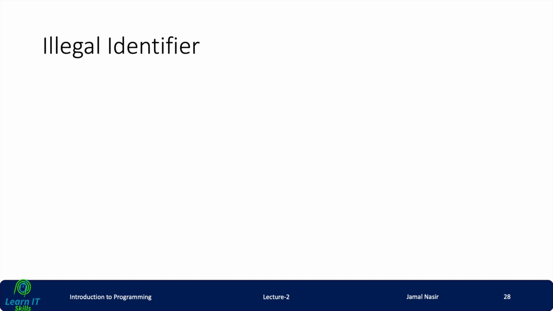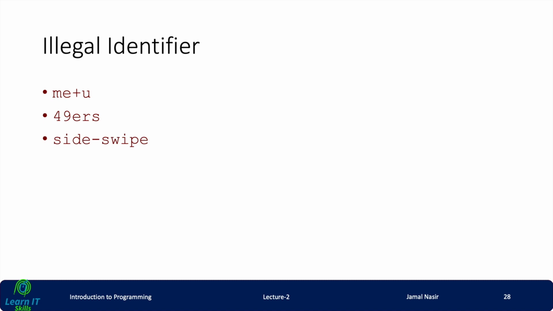Illegal identifiers. This one is illegal because we are using a plus sign in the identifier. We can only use two special characters in an identifier, underscore and dollar sign. Again, this is illegal because we are starting with a digit, 4. 4 is a digit, so we cannot start the name of an identifier with a digit.